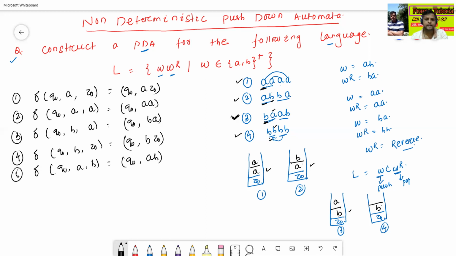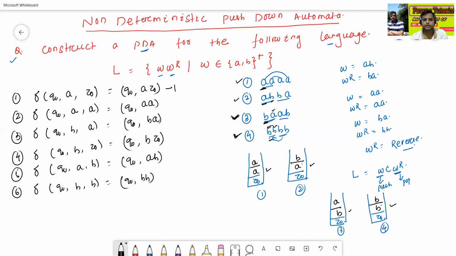If B comes, I'm considering the fourth case. After the first B, if B comes, B will push. Sixth one, delta(Q0, B, B) gives Q0, BB. So B will push.